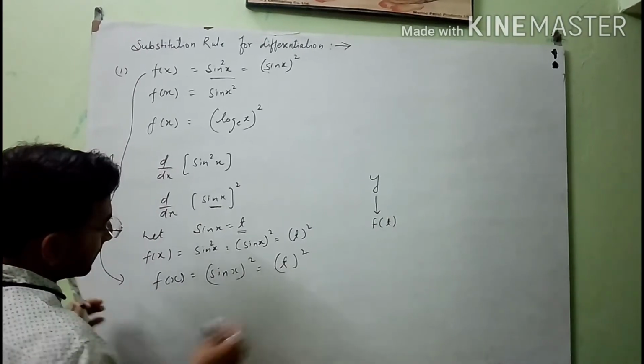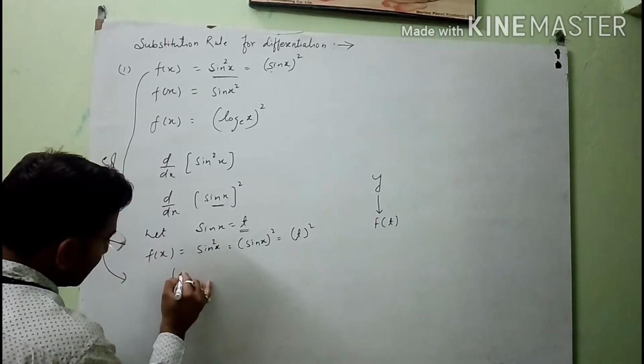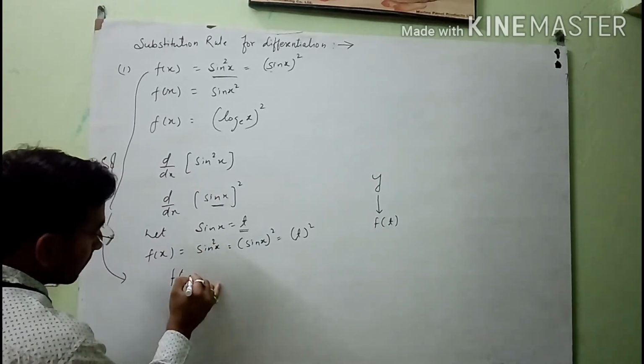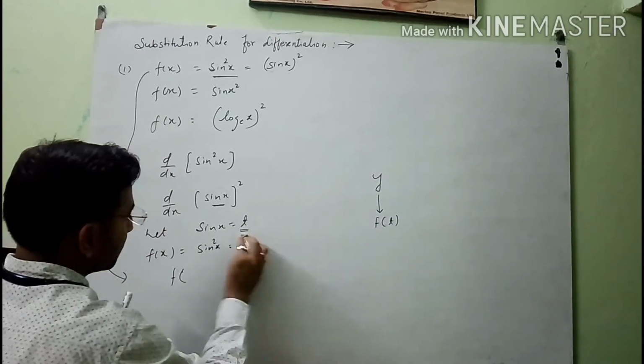So what you will do here, you will write your function. This is not a function of x now, because after your consideration the equation is in front of you.